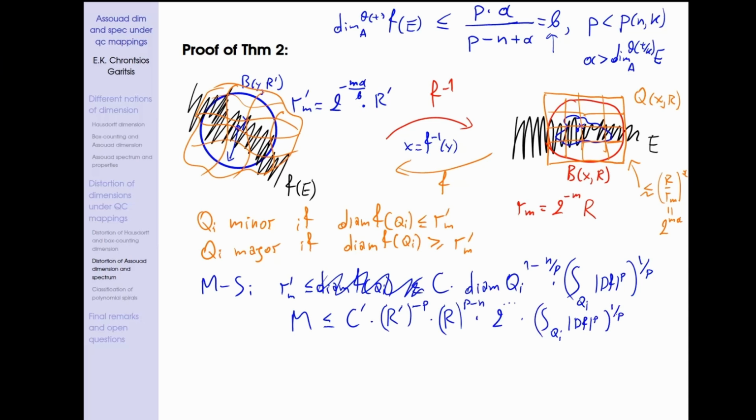And in fact, if we were trying to bound the box counting dimension, in this case, we would be done. And that is actually the proof of Kaufman's estimate.